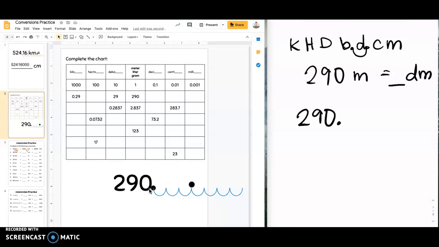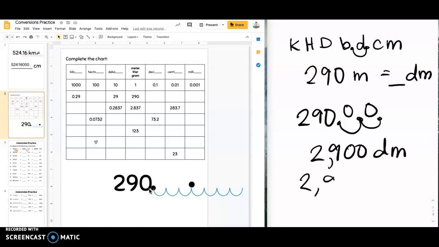Okay, so I have my base, I'm going to go 1, and I'm going to put a 0 in. So 2,900 decimeters. Okay, if I want to know how many centimeters that is, I can go over 1 more. Right, and then I'll go over 1 more for my millimeters.